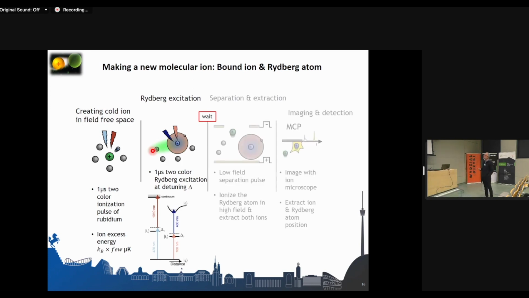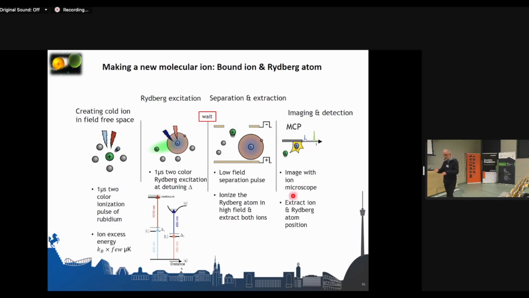Then we wait, and then we switch on first a small electric field to work on the ion and extract that ion, basically break the bond, and only, to first order, move the ion towards the detector, and then a little bit later field ionize the Rydberg atom such that the electron is gone.